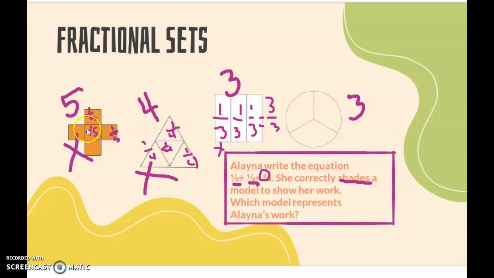It's kind of hard to write using the mouse, but just know that I'm trying to talk it out with you as I'm writing it, and it all represents 1/5.